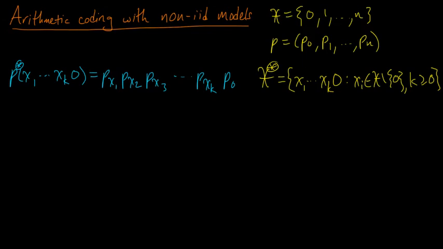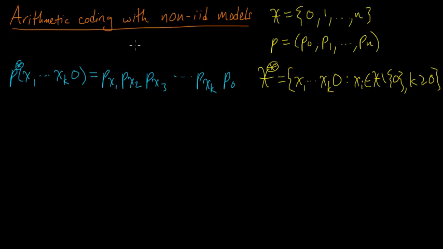Now, this probabilistic model is an i.i.d. model, but it's a very simple model, and it doesn't really accurately reflect real world sources. Real world sources such as language, images, audio, or video are very structured, and usually there are lots of very interesting dependencies between the different elements in the sequence.